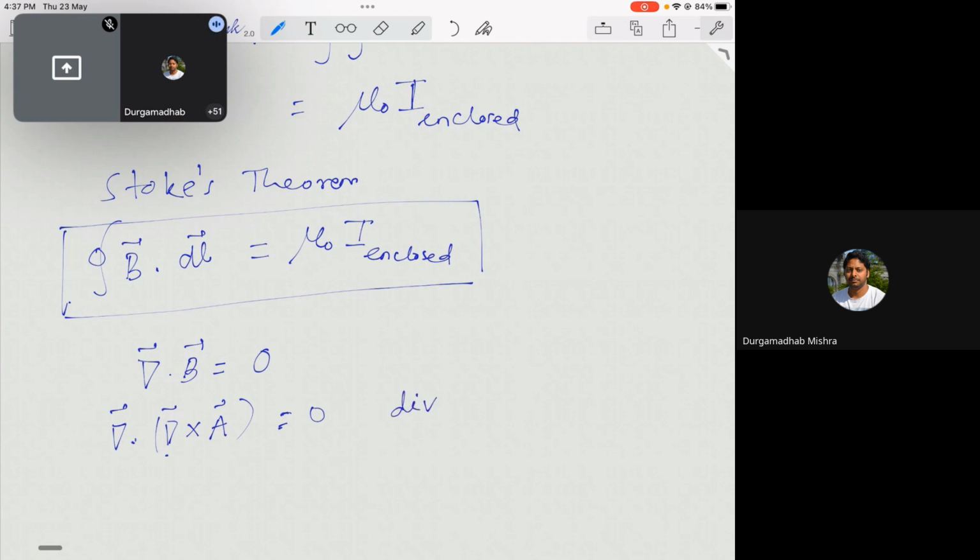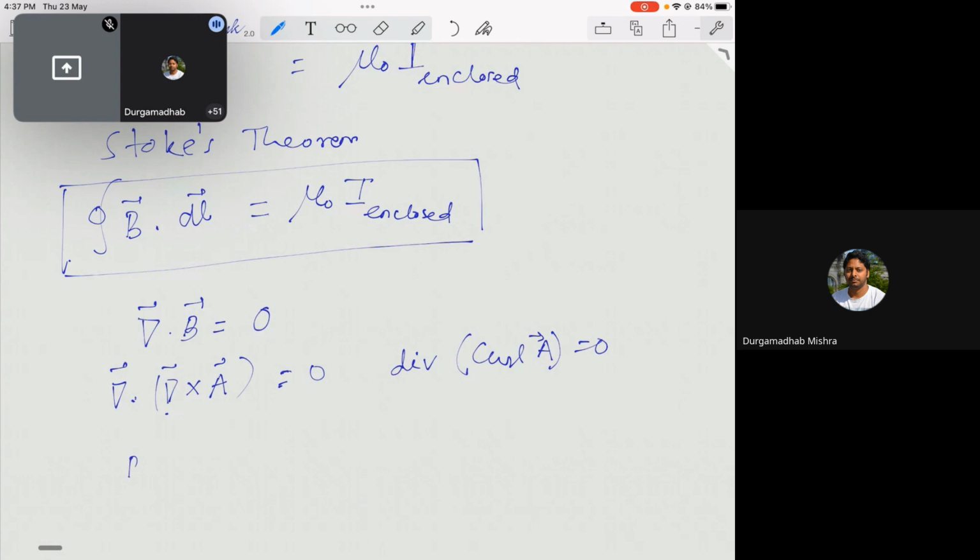So I'm just writing divergence of curl of A. A has to be a vector, and it is always 0. So that means I can define or write my B field as a curl of A, and this A is known as a vector potential. Okay, so it is not a scalar electrostatic potential like we saw earlier, but it is a vector potential.